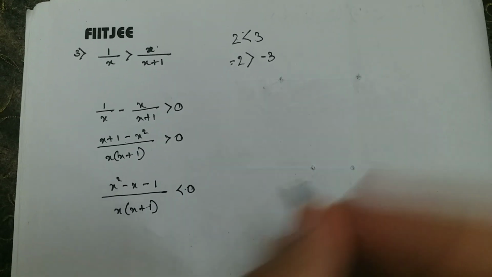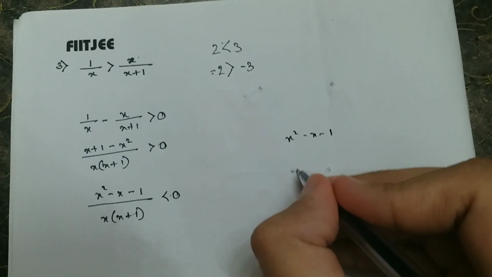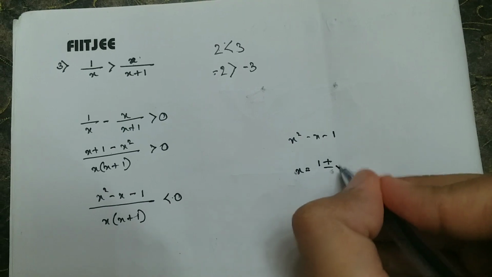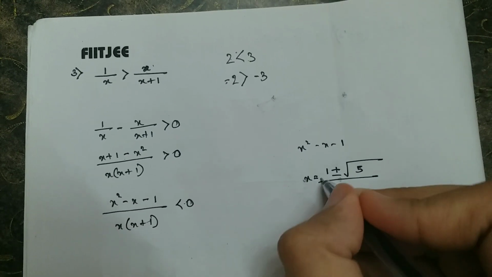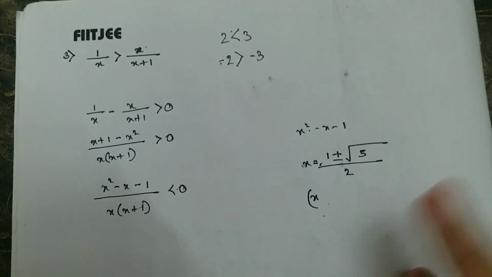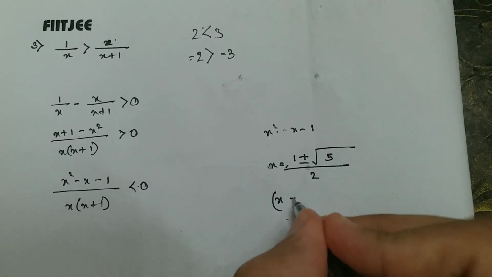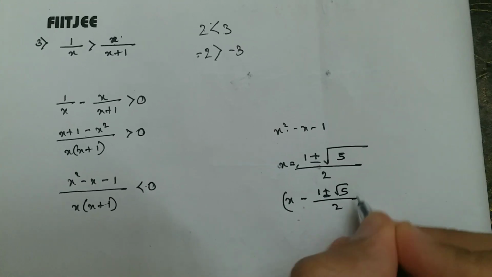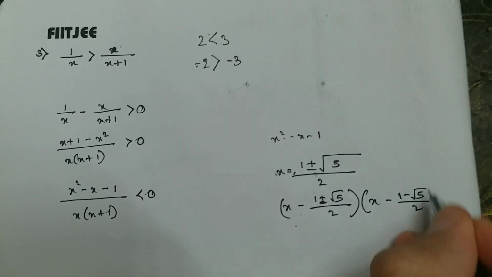But let's find it. x square minus x minus 1, so the roots are 1 plus minus root 5 by 2. So we can write this as x minus 1 plus root 5 by 2 into x minus 1 minus root 5 by 2.